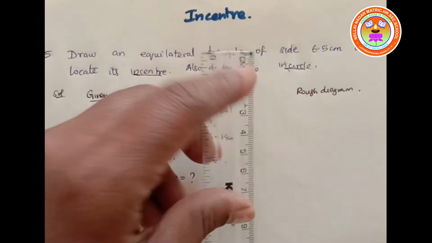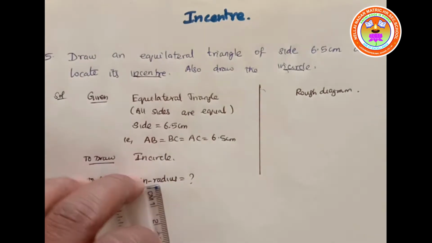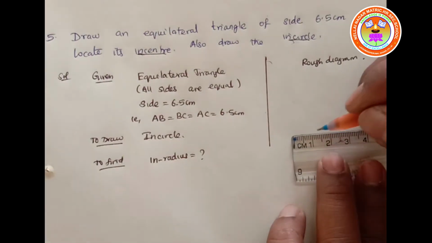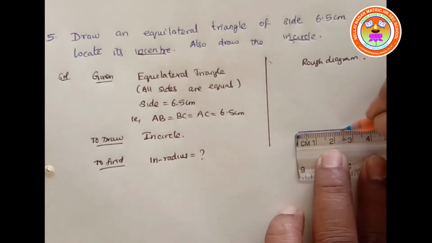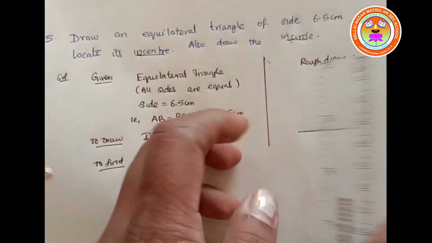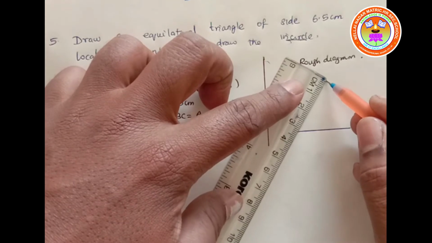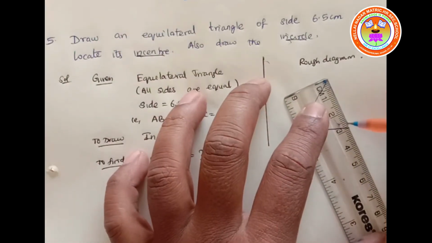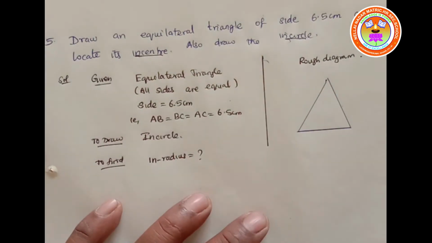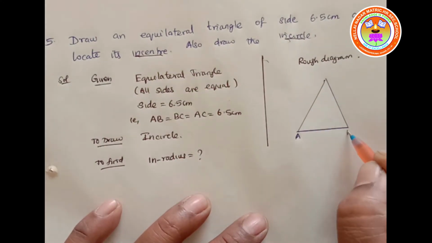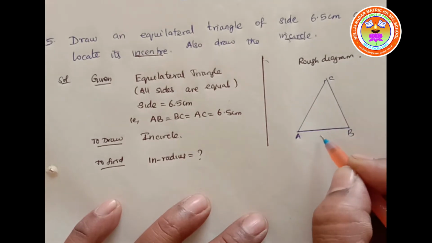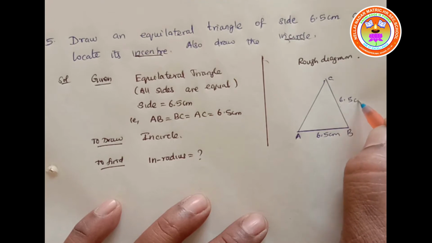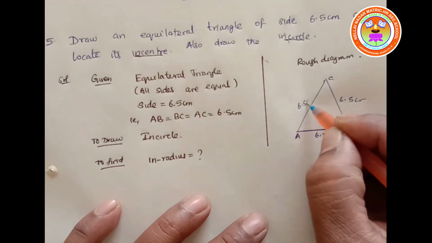After this, you are going to draw a rough diagram. Is it clear, children? So draw a triangle. I am going to take these points as A, B and C. AB equal to 6.5 centimeter, BC also 6.5 centimeter, AC also 6.5 centimeter.